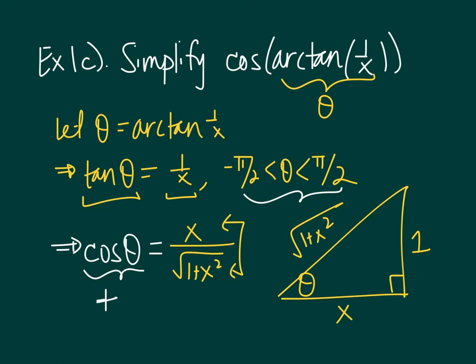If theta is between negative pi over 2 and 0, then my tangent is going to be negative, which means x will be negative. But we know that cosine always has to be positive on that interval, so in order to account for that, I need an absolute value here. And then I'll make sure I always have the correct sign, regardless of what my angle is between negative pi over 2 and pi over 2.